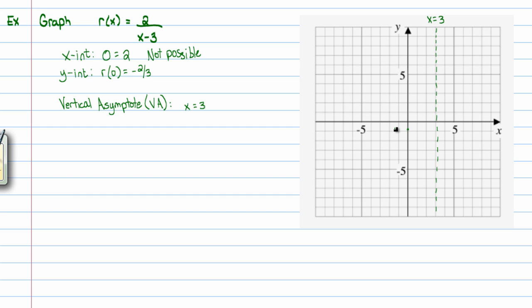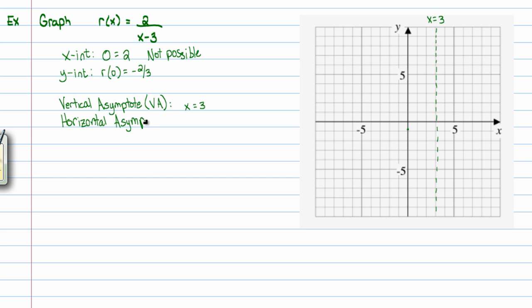Okay, and now there is such thing as a horizontal asymptote, but horizontal asymptotes, and you should have learned this a long time ago, but I'll mention it here. Horizontal asymptotes, you can actually cross these. So the horizontal asymptote is the end behavior. I'll write that in here, horizontal asymptote.